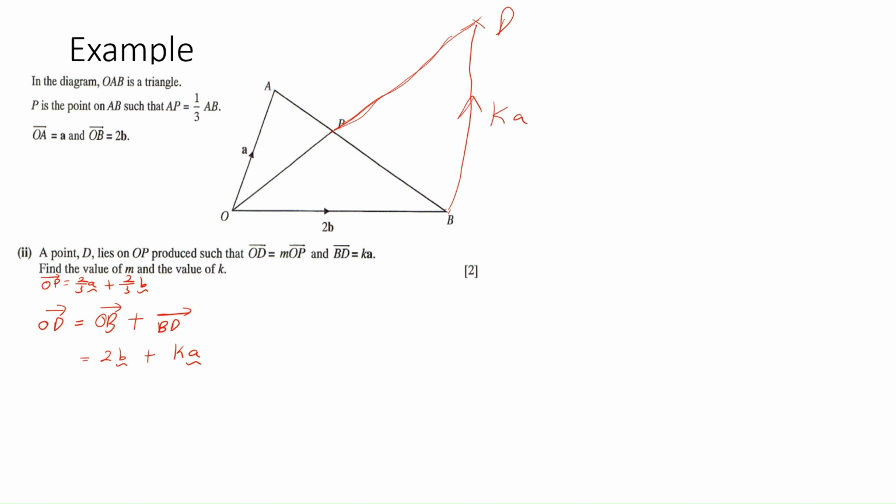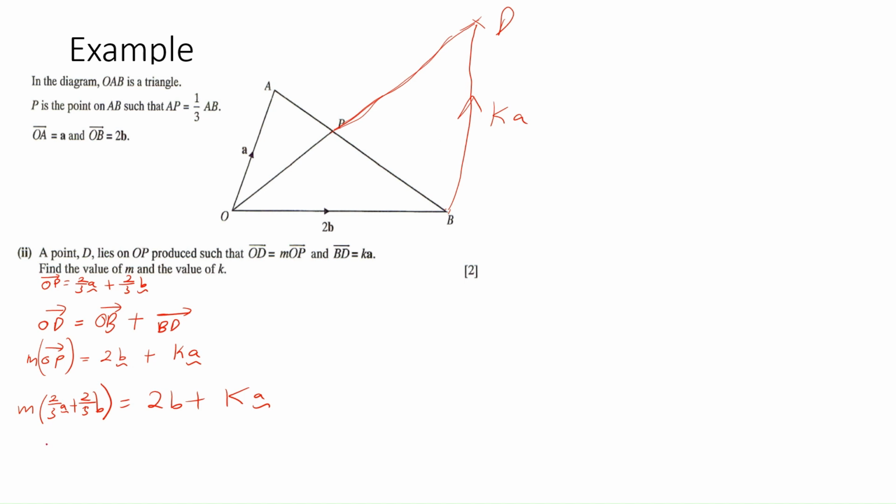I already know a part of OD in terms of M. Let me write MOP here. MOP is 2/3 A plus 2/3 B, equal to 2B plus KA.